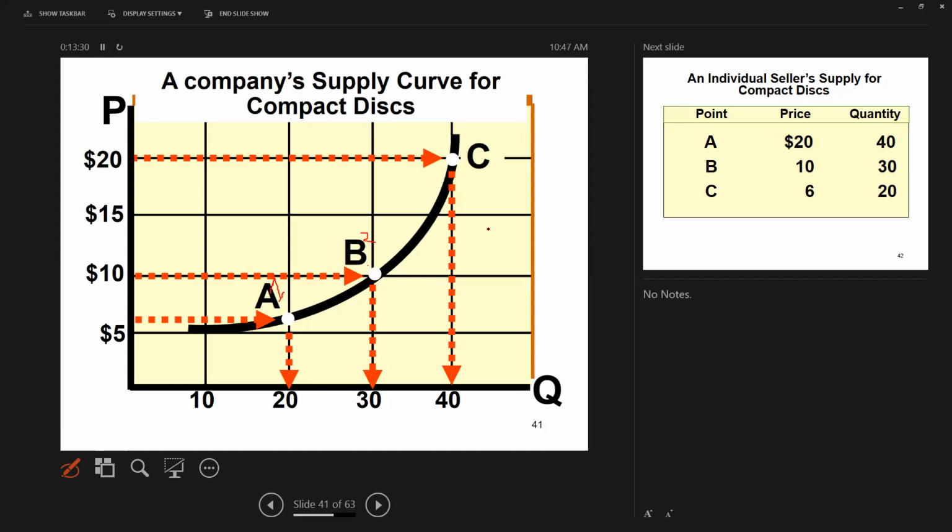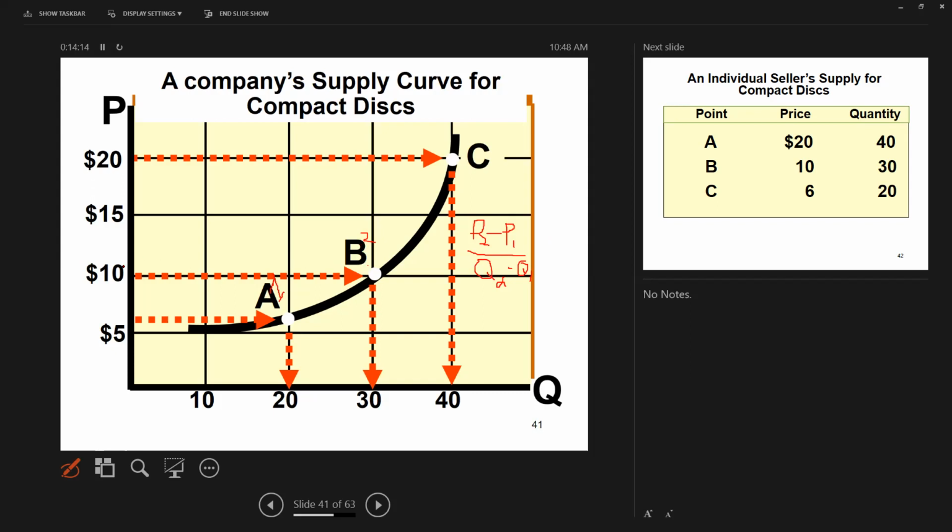So we're going to say P2, the price at point 2, minus the price at point 1, divided by Q2 minus Q1. And that's going to be our slope. So P2 is the price at point 2. We arbitrarily picked one. It doesn't matter which one you pick to be 1 or 2, you're going to get the right answer.